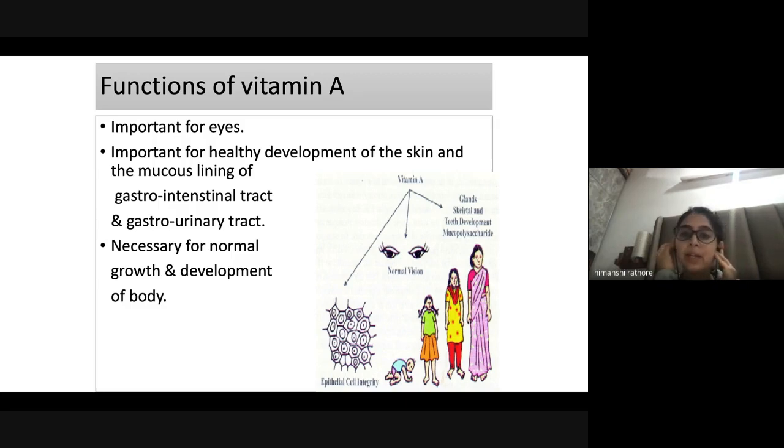As you can see in the picture also, it is required at each and every stage, for a child, for an adolescent girl, and for a mother. Vitamin A is very important, not only for the eyes but also for the skin and the proper development of cells and tissues.